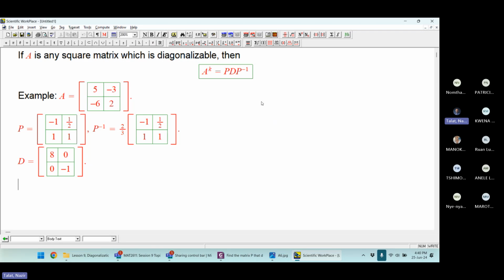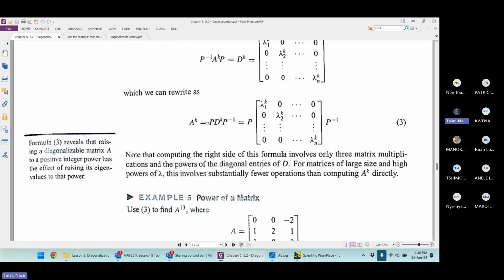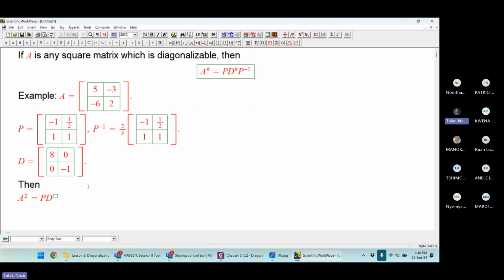Now if this is D, someone asks you, we know this relation, so we can find its values, for instance, what about A square? Then A square, see this relation, is equal to P D to the power k. Remember that D to the power k comes with the power of that, so here we just put D square, and then again P inverse.